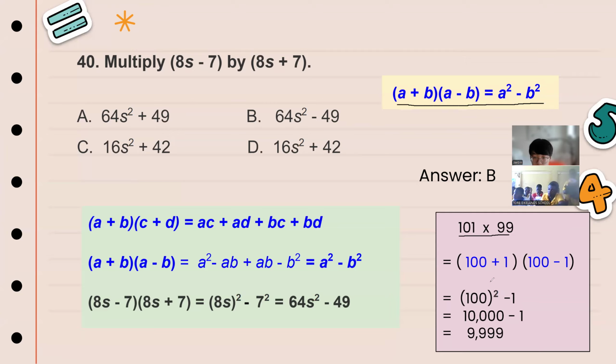So here, A is equal to 100 and B is equal to 1. So we use the formula A plus B times A minus B equals A squared minus B squared. 100 squared minus 1 squared, which is 10,000 minus 1, which is 9,999.